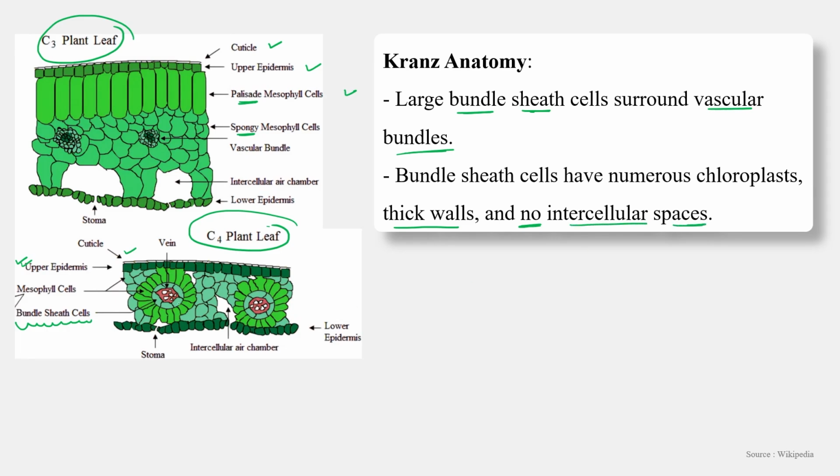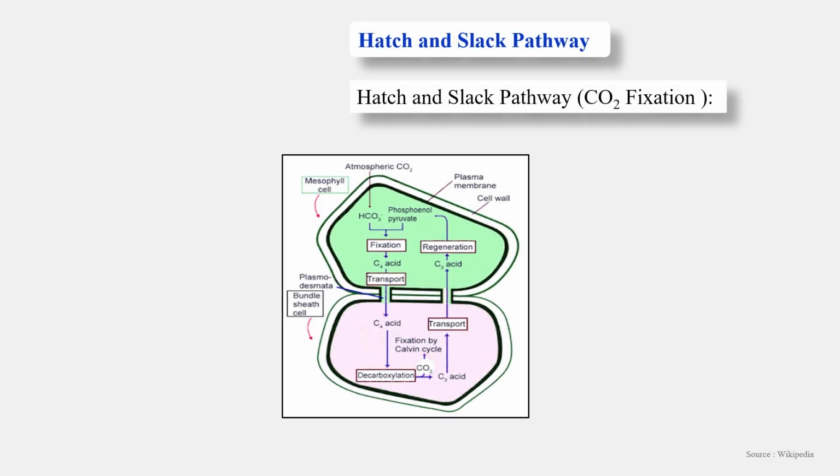While some kind of space is present in the spongy mesophyll cells in the C3 plant. So there is no intercellular space in the bundle sheath.